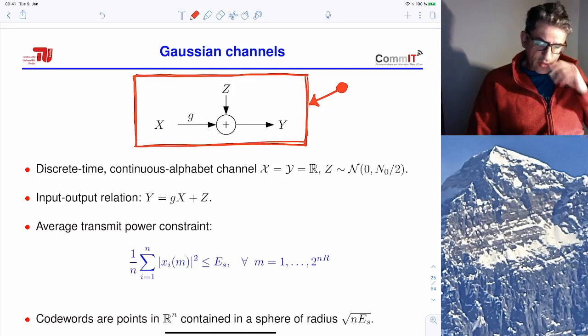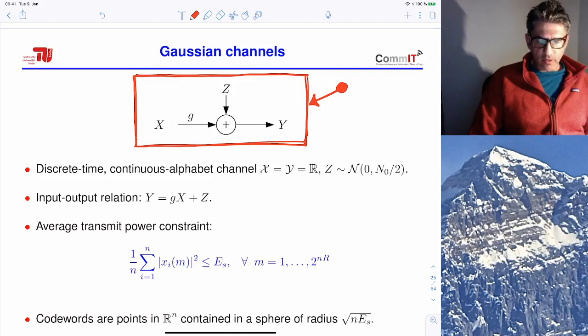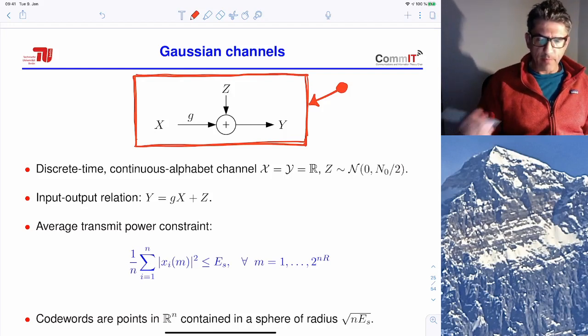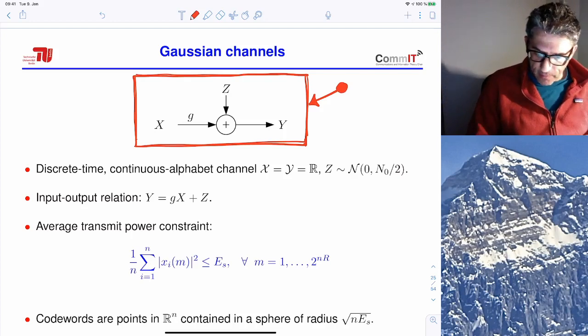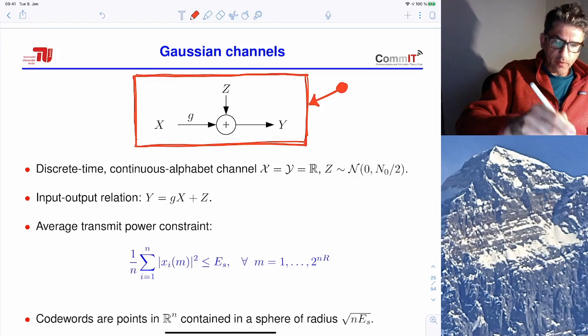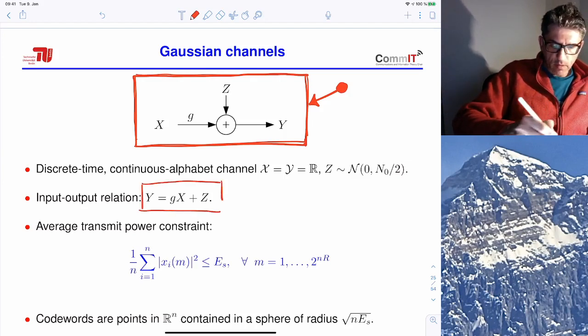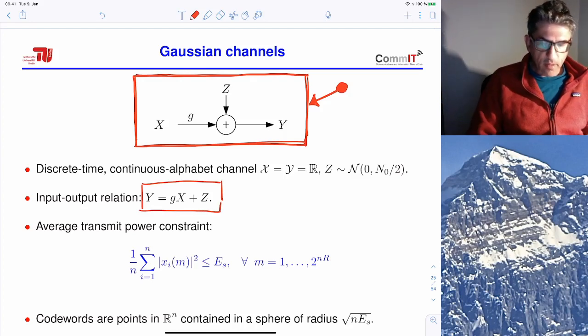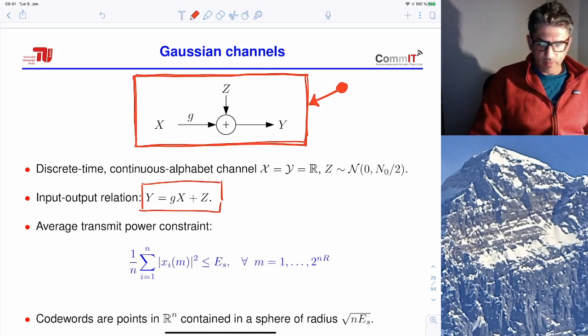Okay, so the Gaussian channel model in its simplest form consists of input and output alphabet that are real numbers, and is simply represented by this input-output relation, where y is optionally a scaling g times x plus z.